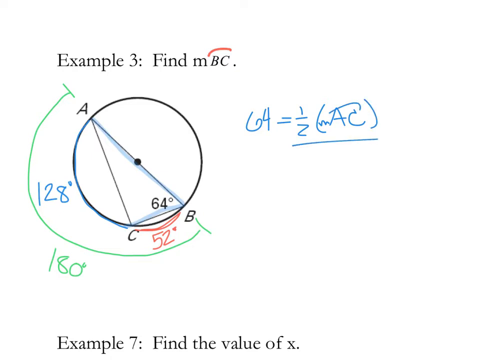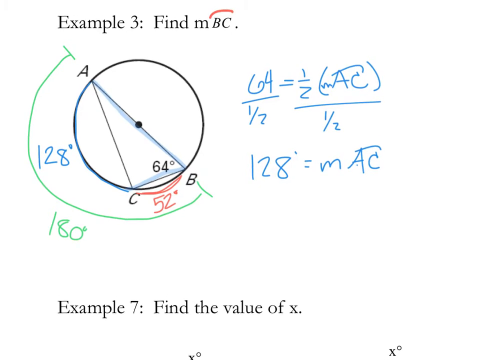So divide by 1/2, which is the same thing as multiplying by 2. So 128 equals the measure of AC. So that's how I got 128. And now I just need to do subtracting. So it is just a simple part plus part equals the whole. And then I subtracted to get my total.